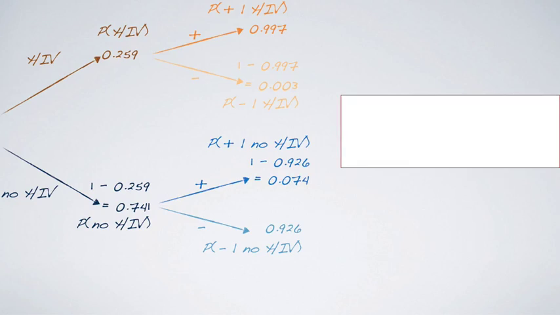Remember, our goal is to find the probability of having HIV given that the patient has tested positive, which, based on Bayes' theorem, should be the probability of HIV and positive divided by the probability of testing positive. Remember, the numerator is always the joint probability and the denominator is the marginal probability of what we're conditioning on.